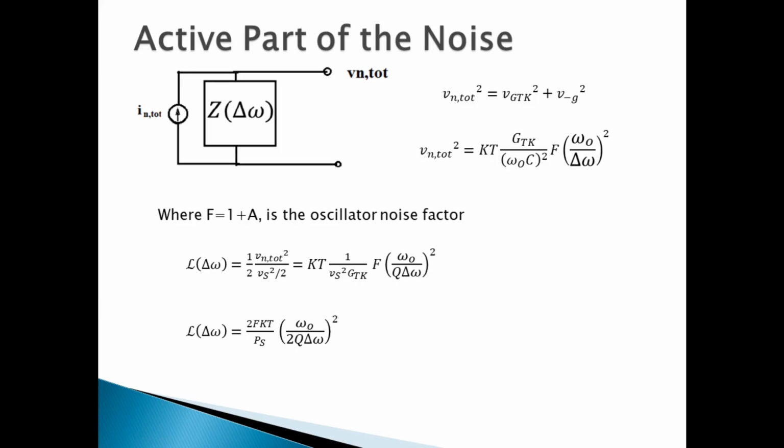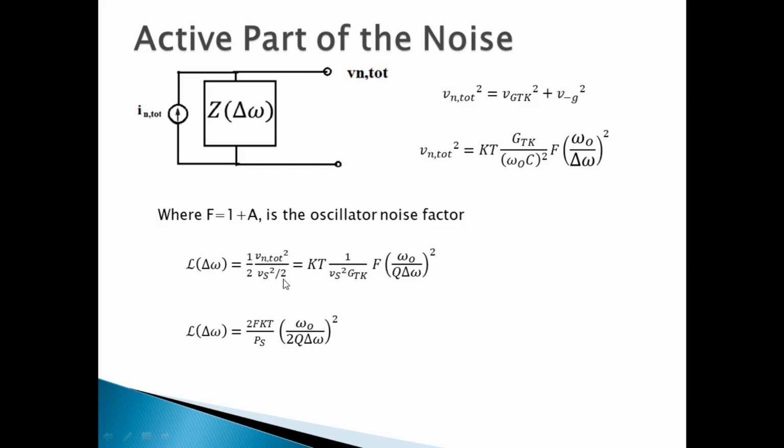We have taken Vs squared by 2 because we are dealing with sinusoidal signal power.